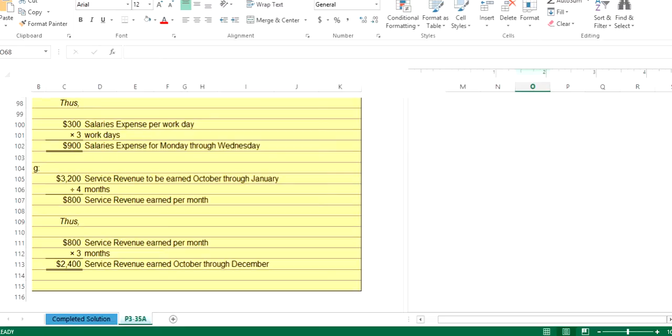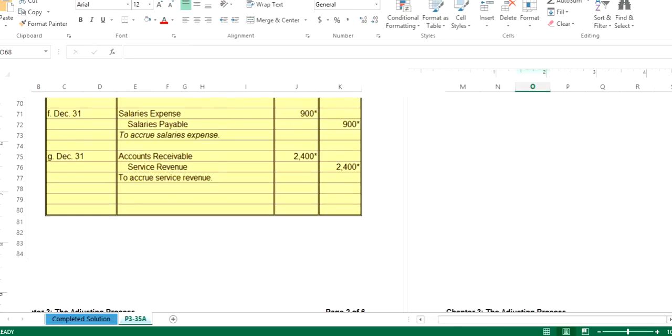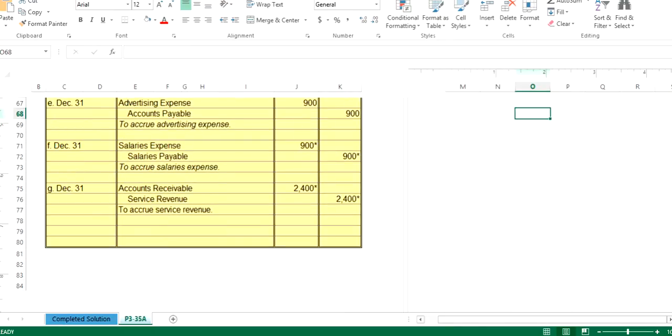So that's $800 per month. And we've earned 3 months of it. So 800 times 3 is $2,400 of service revenue that's been earned. So we're going to accrue service revenue by debiting $2,400 to accounts receivable and crediting service revenue $2,400.